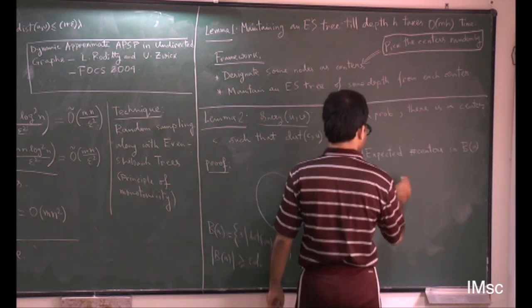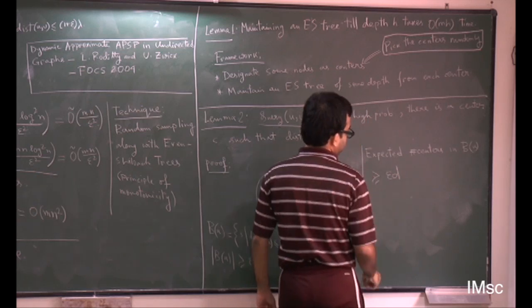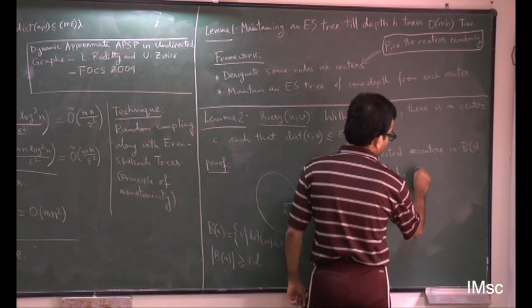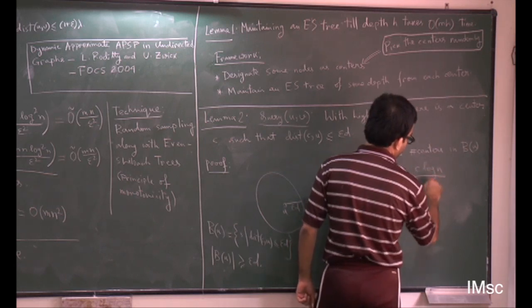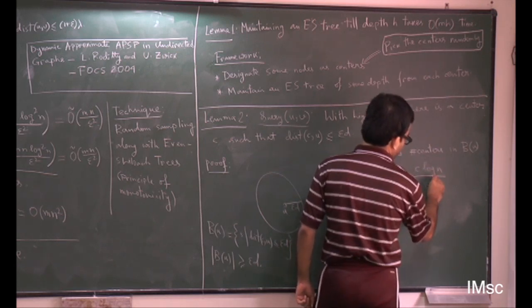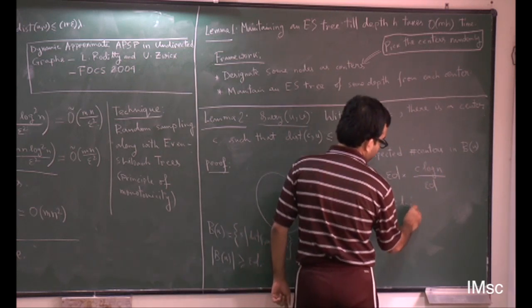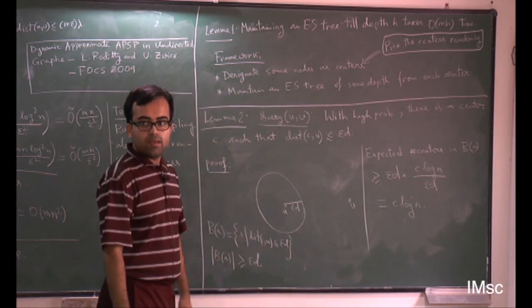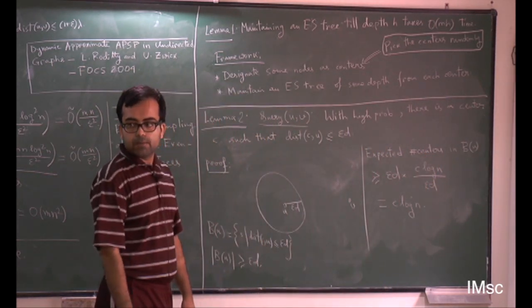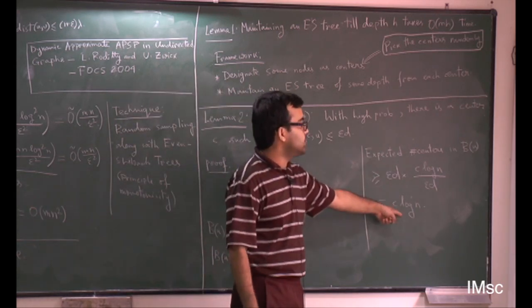There are at least, sorry, this is going to be at least. There are at least epsilon d many nodes, each is being picked as a center with probability C log n by epsilon d. So, this is at least C log n. Okay. And now you can apply Chernoff bound. Why? Because this expectation is at least C log n.